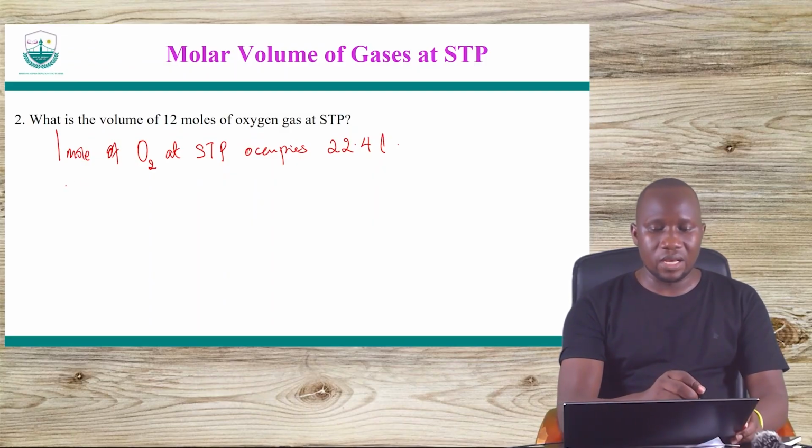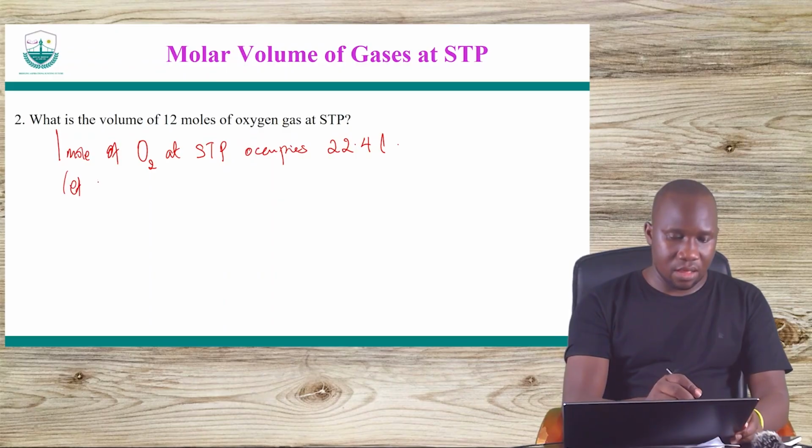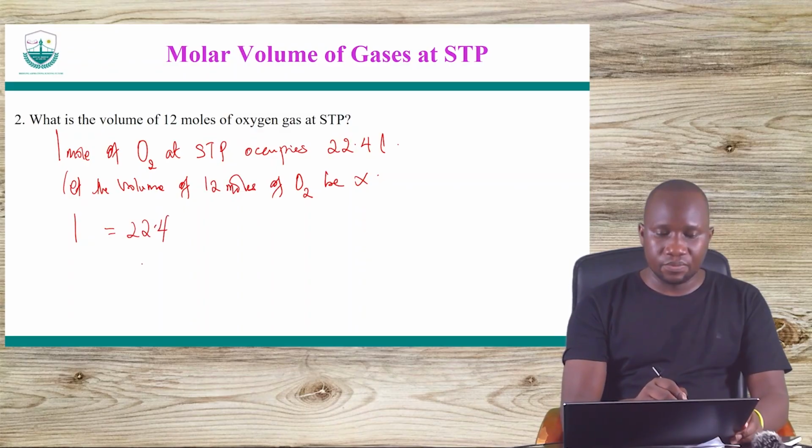So we can say let the volume of 12 moles of oxygen be X. Okay, so we are saying 1 mole is in 22.4, right?